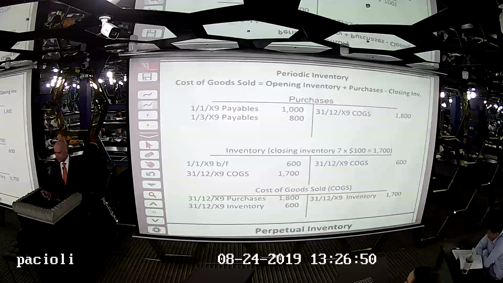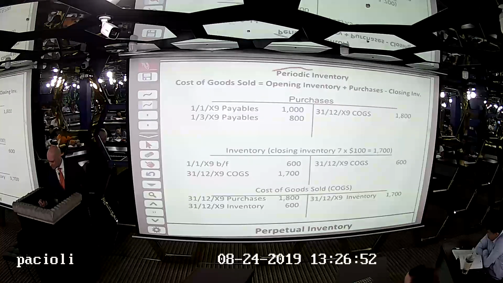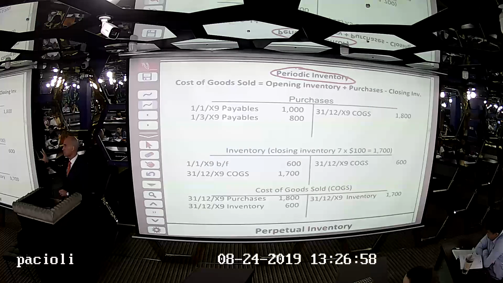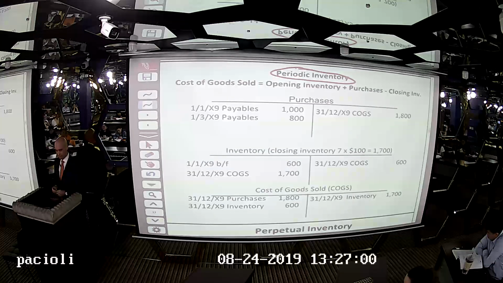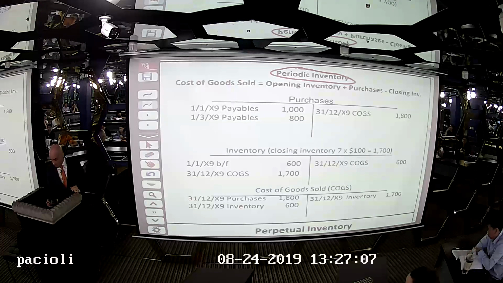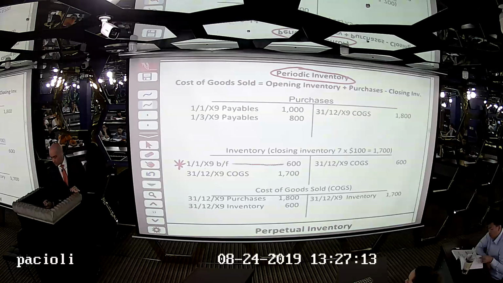So the first example here is the periodic inventory. And this is the method on your exam. So your exam is using this method. What are we going to have first? We're going to have first the brought forward amount here. So first we have the brought forward inventory of 600.